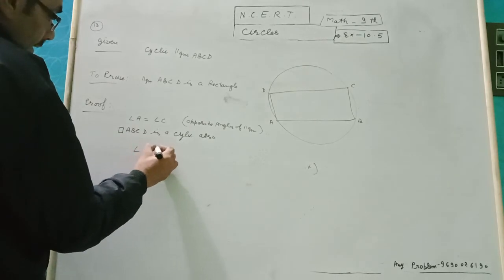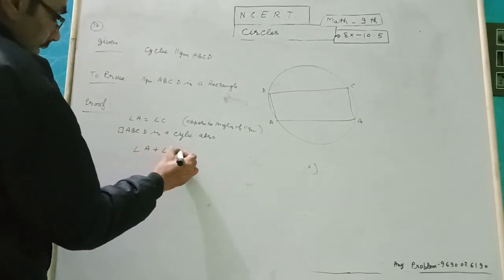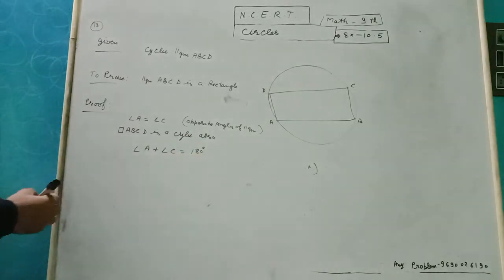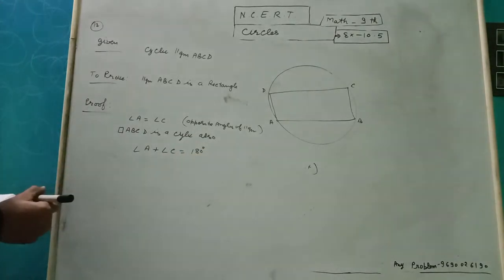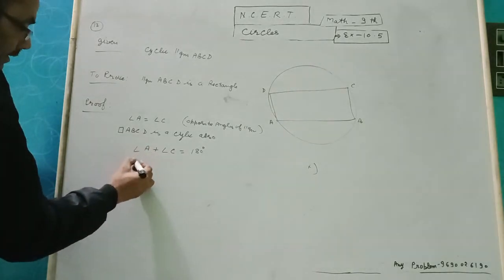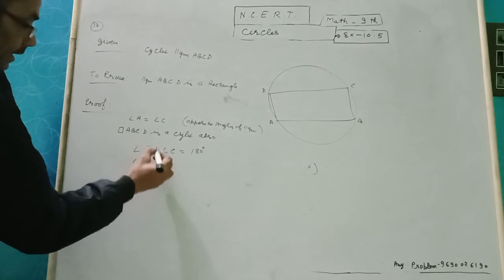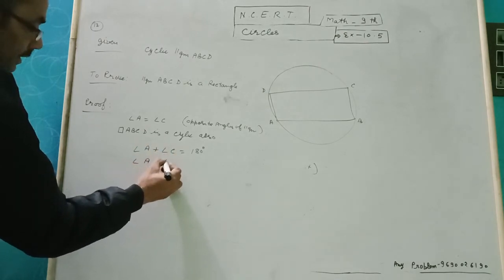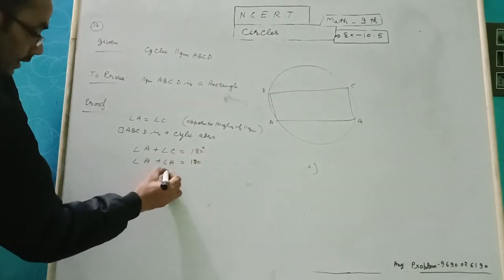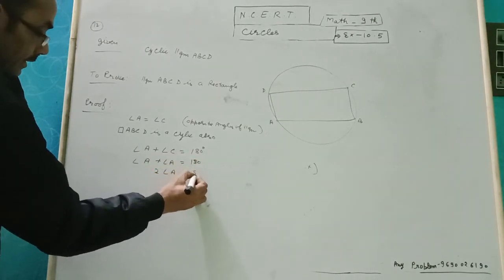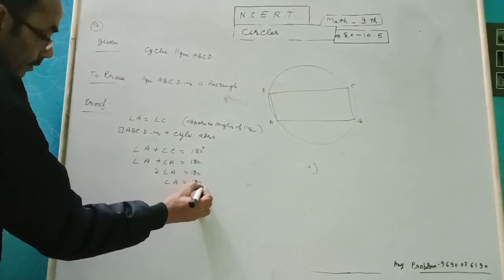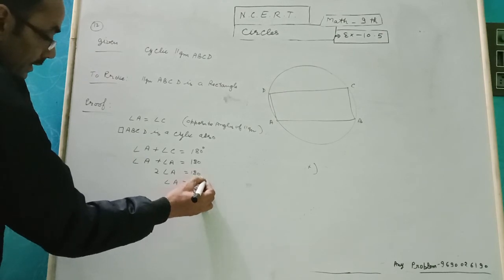Angle A plus angle C is equal to 180, as a cyclic quadrilateral has the sum of opposite angles 180. Angle A equals angle C, so 2 angle A is equal to 180, then angle A is equal to 180 upon 2, 90.